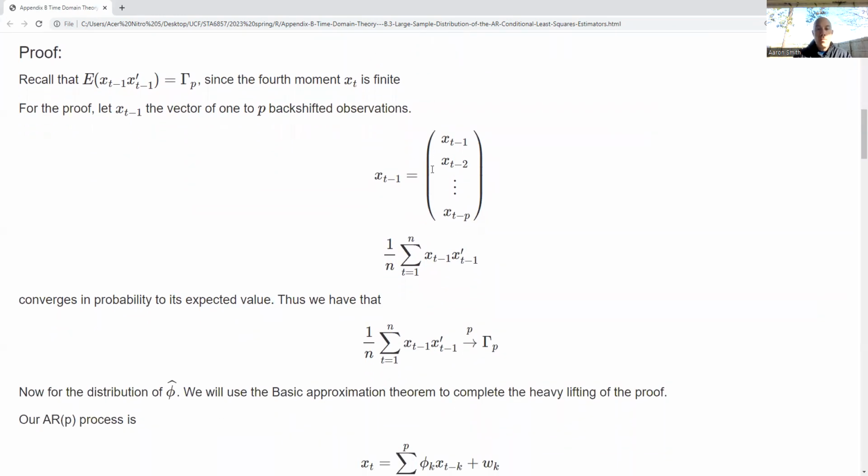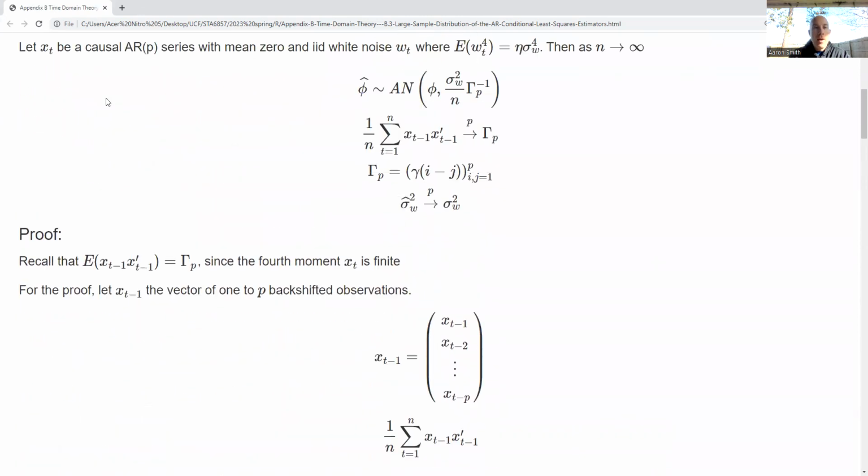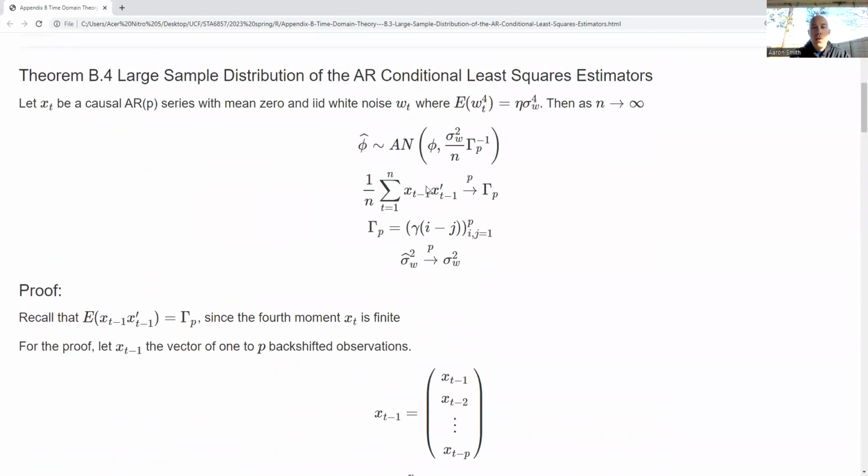All right, so the first bit, recall that the expected value of this vector multiplication, which will be, actually, something I need to back up on. The author of the textbook is using this t-1 subscript to represent all of the backshift values of our time series.